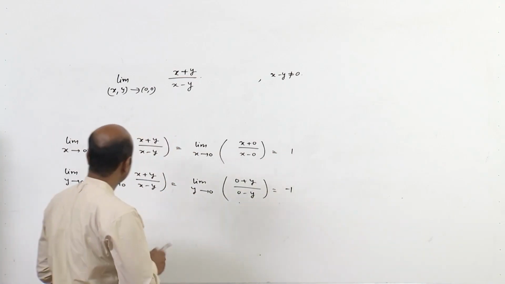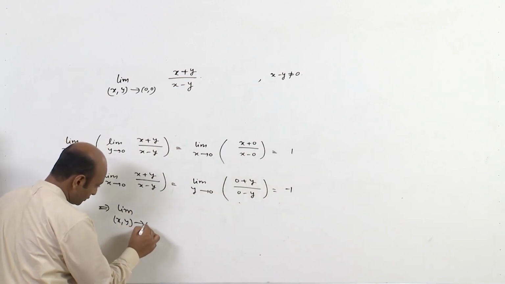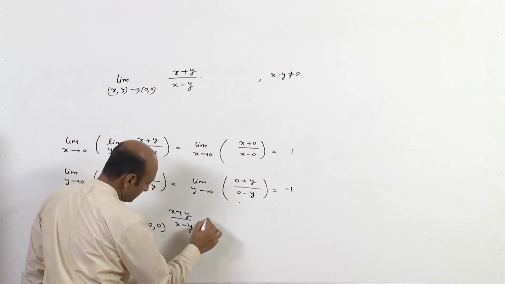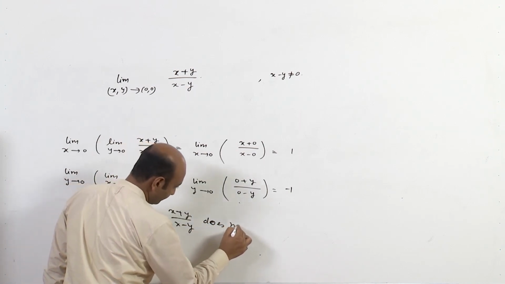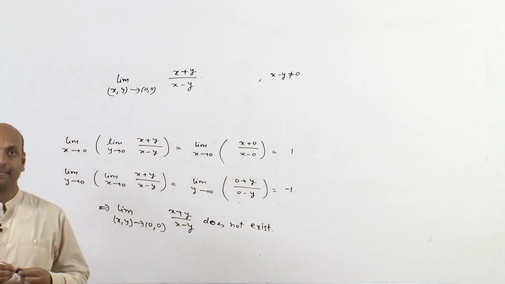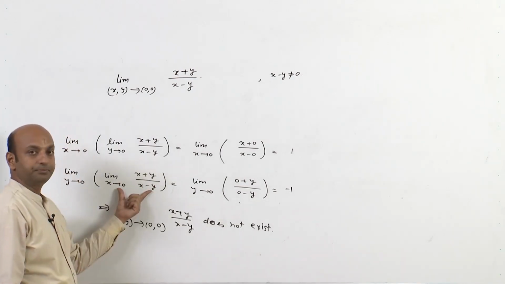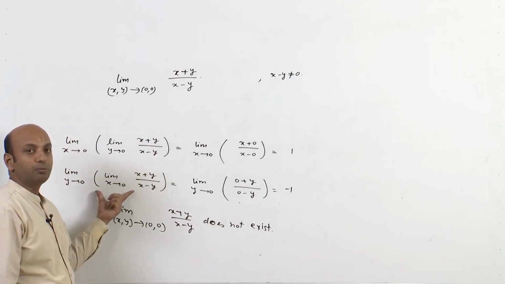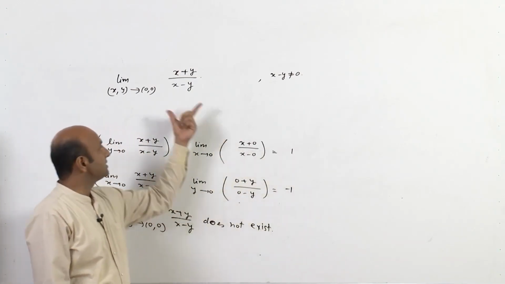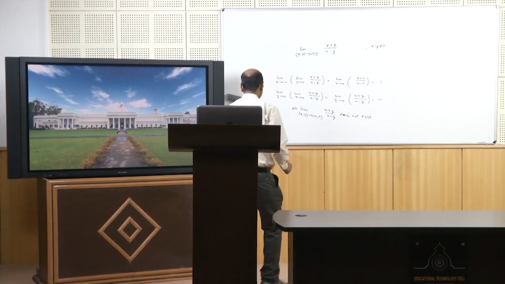This implies the limit as x y tend to 0 0 of x plus y upon x minus y does not exist, because if this double limit exists, then these iterated limits are simply two paths, and from the two different paths the values are different. This means the double limit does not exist. Now see another example.